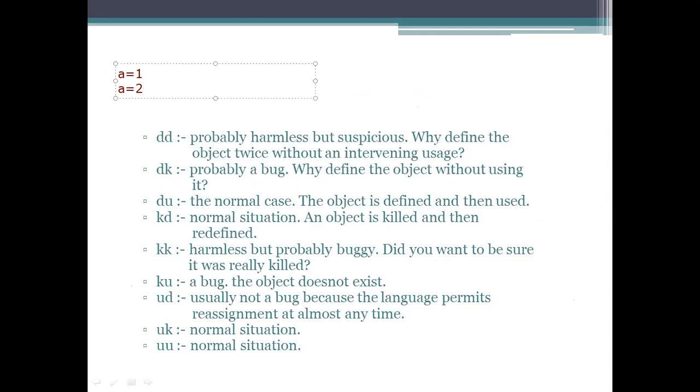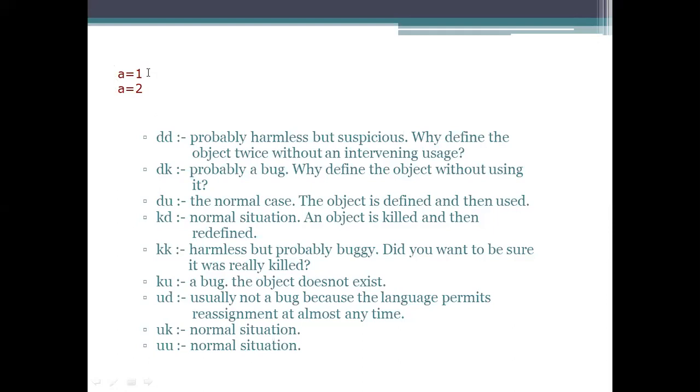So you define a variable, that is 1, and again you define the variable, that is the value 2. So here you try to define a variable, or try to define the processing which was not used earlier. Then what is the usage of redefining it? So this one is specified as a bug here.